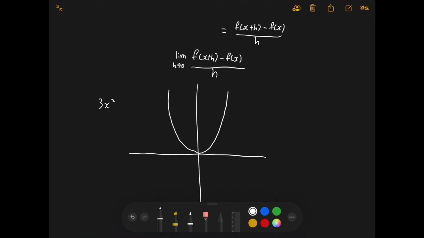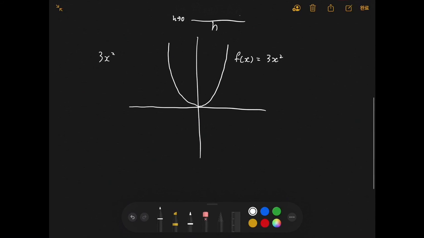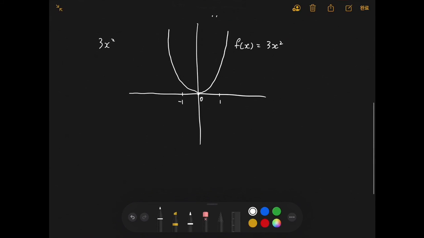Yeah, this is the function 3x squared. And we want to find the instantaneous rate of change at -1, 0, and 1.